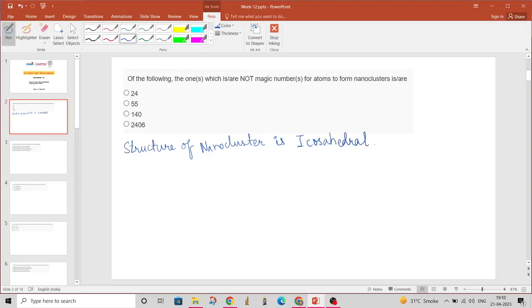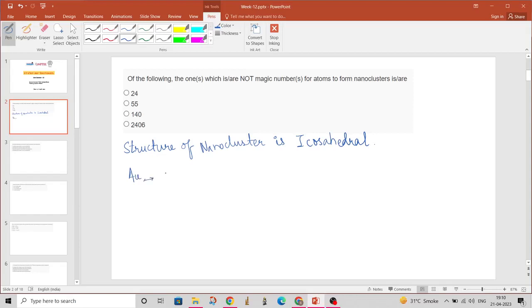So the number of atoms which fit this icosahedral geometry will form the nanocluster, and those which do not fit will not form.